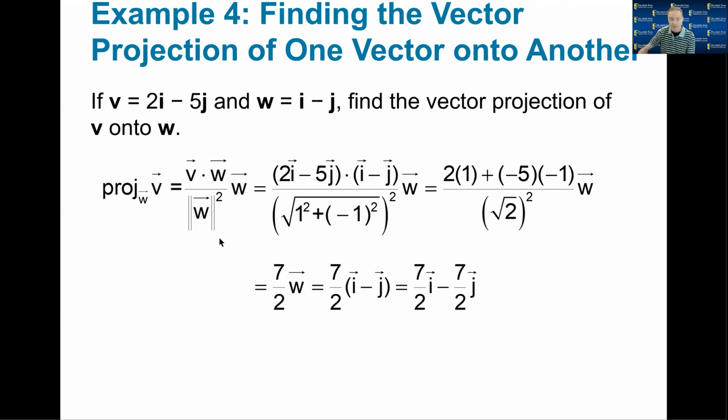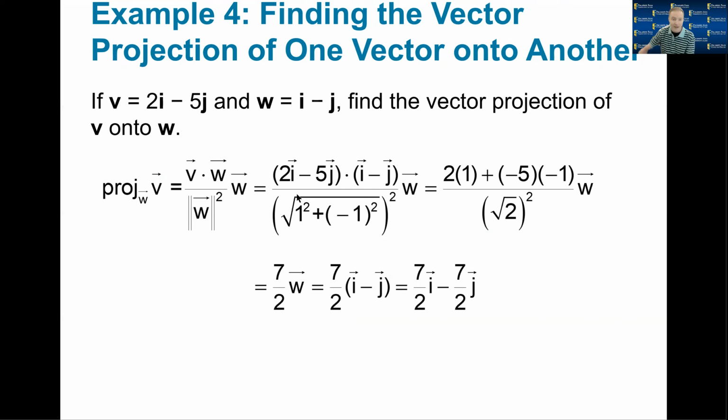We know all of this portion is going to give us a scalar. Then we'll multiply that scalar by the vector W to ensure that all of this force is going in the direction of vector W. So the dot product here: I'm going to take vector 2i minus 5j and have the dot product with vector i minus j.